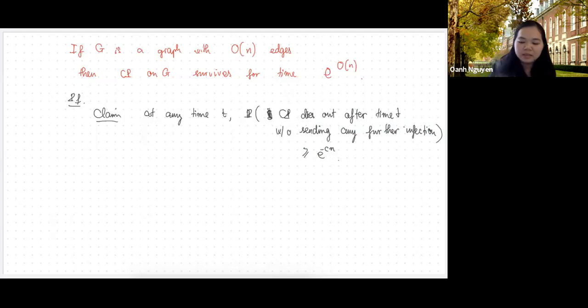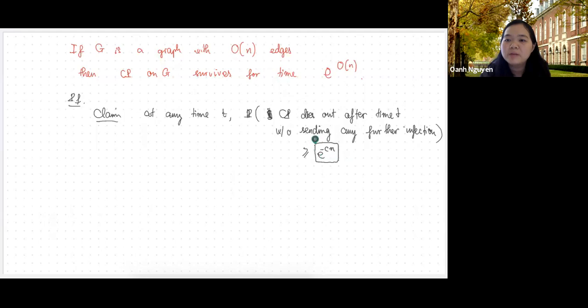Now, assuming this claim, at any integer time, for example, we will try to heal the contact process, and we know that with this probability, the trial will be successful.